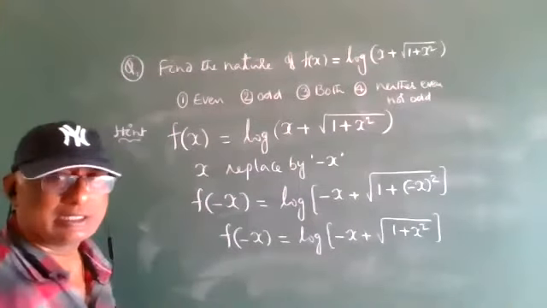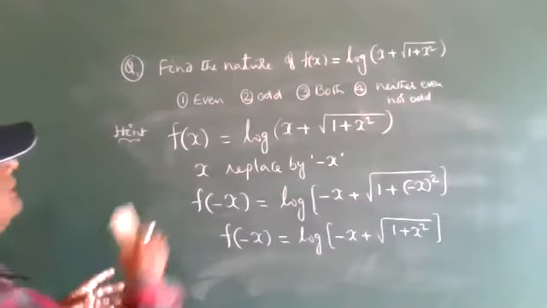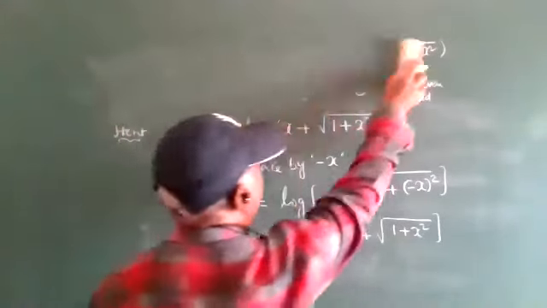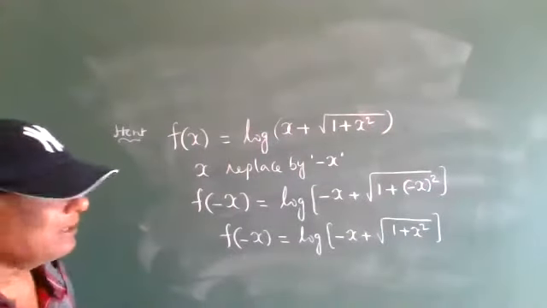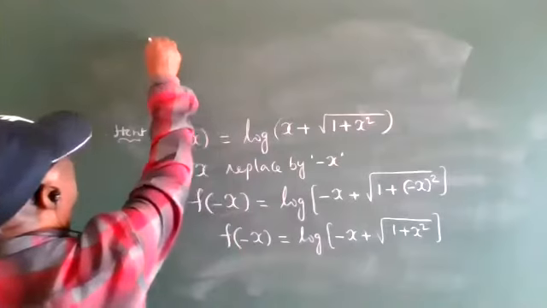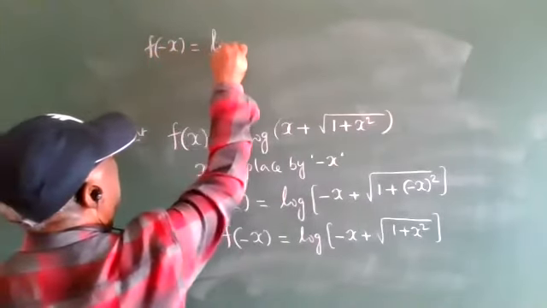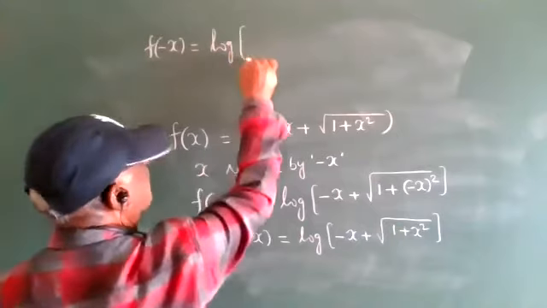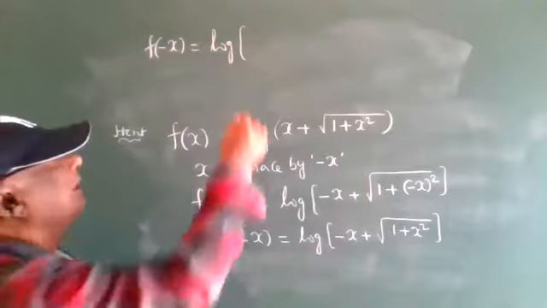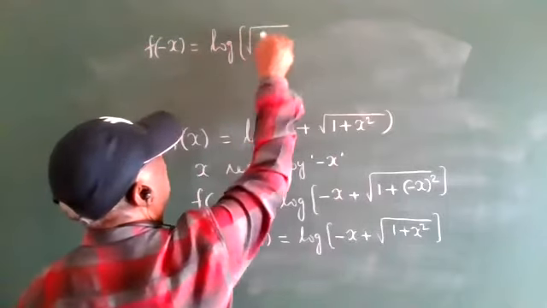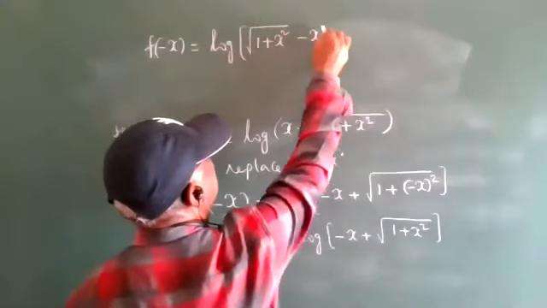I am going to write the next step. Everyone observe. So f of minus x is equal to log of, first I will write the positive value, next the negative value. The positive value is root over 1 plus x square minus x.